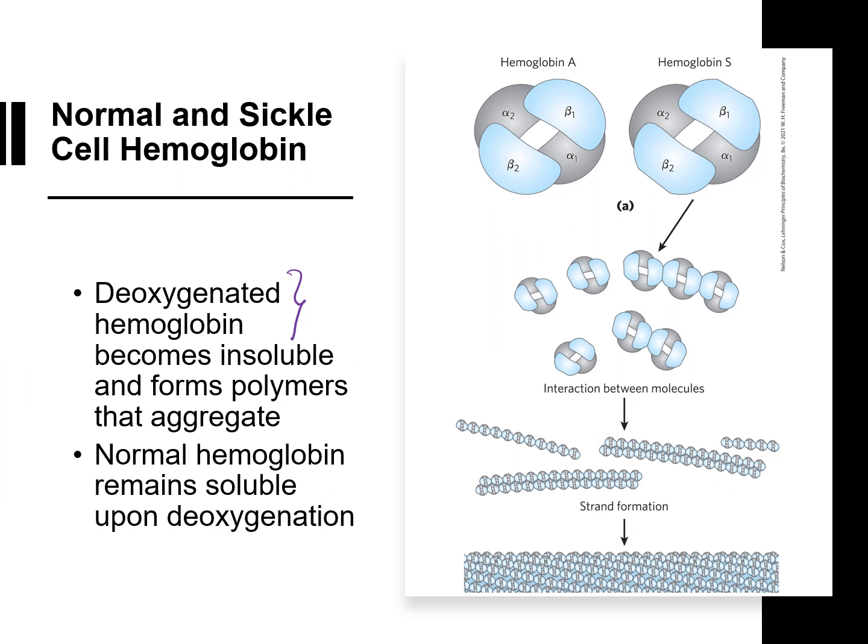Recall we were looking at neurodegenerative diseases that arise from this kind of situation. So the hemoglobin is no longer soluble. These fibers cause the cells to sickle. Alternatively, normal hemoglobin actually is able to remain soluble upon deoxygenation. We know it has different states, right?